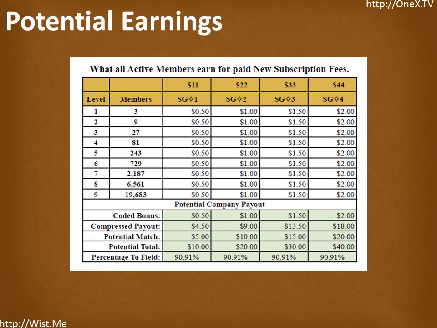How much is 0.001% of $1 trillion? Just think it over, and that could be yours. I don't want to make you crazy with a lot of hype, but just want to make you aware of what is the potential. Alright, now since we are talking about potential, let's look at the potential earnings.